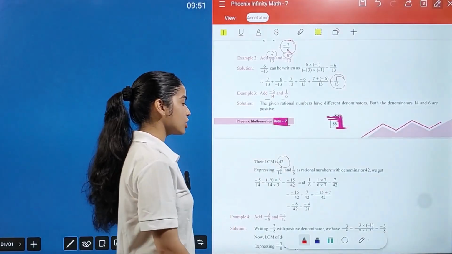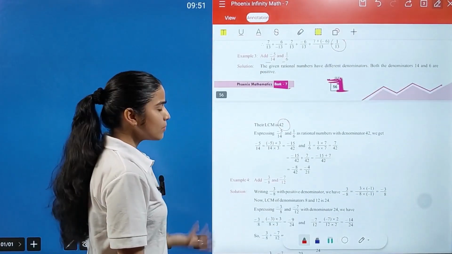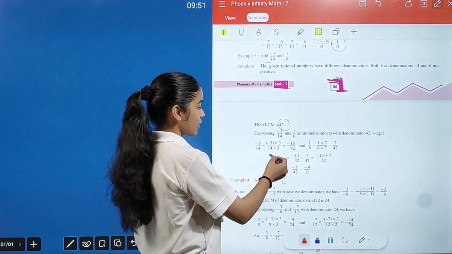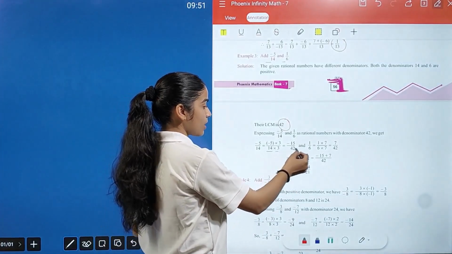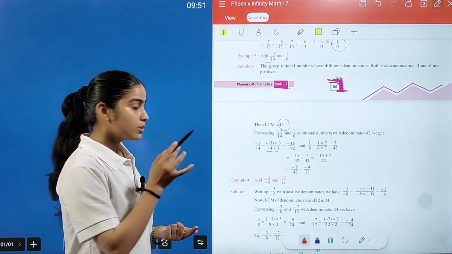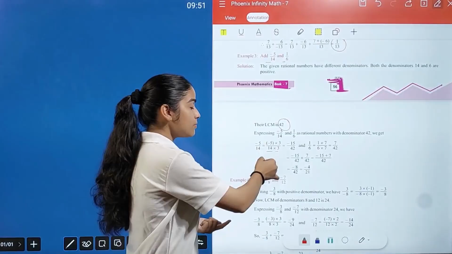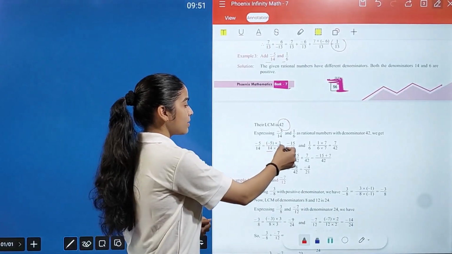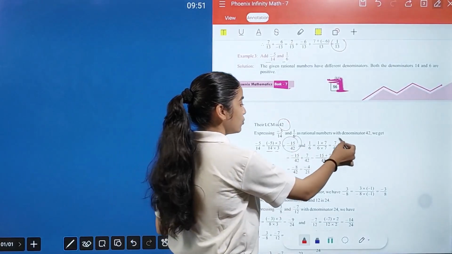Now you have to change your denominators and you have to multiply your denominators with a number so that you have your denominator 42. So if I multiply 14 by 3, I get 42. And again the same rule, if I do something with my denominator, the same process I have to apply with my numerator as well. So 5 multiplied by 3 is 15. Here we have two new fractions.